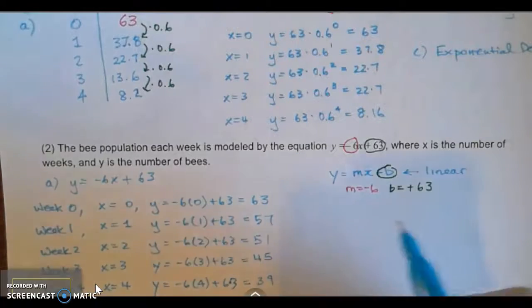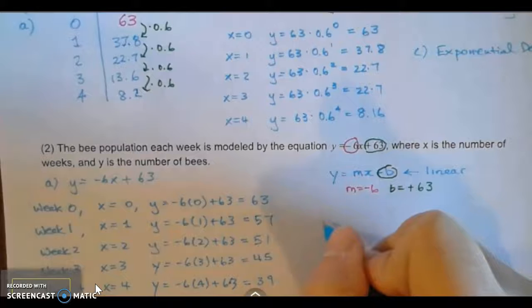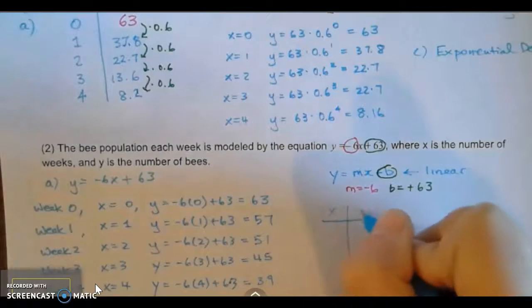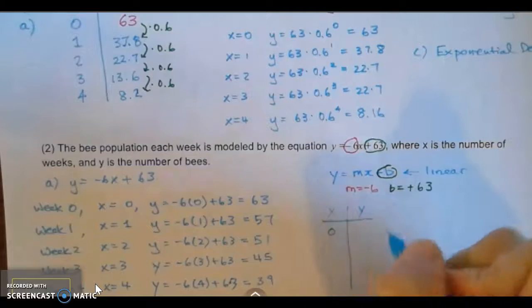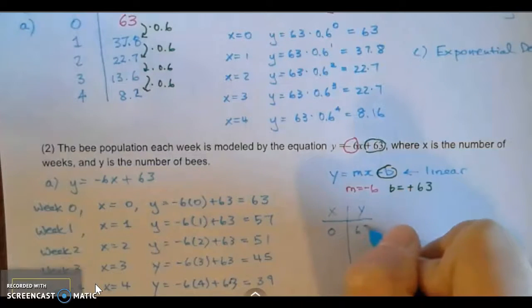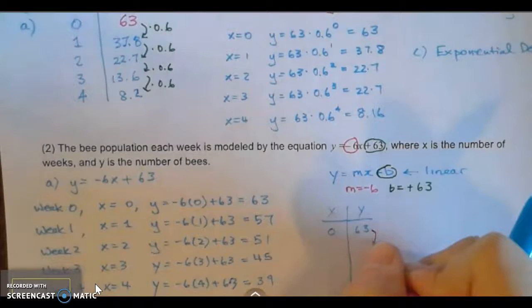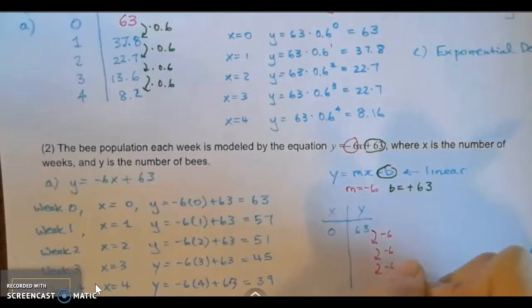Okay, if I was to create a table instead, I could have just gone from this information here and said, okay, I know my x and y. I know that in week 0, or the y-intercept when x was equal to 0, y was positive 63. And then from here, I know that I'm going to subtract 6 from the previous number.